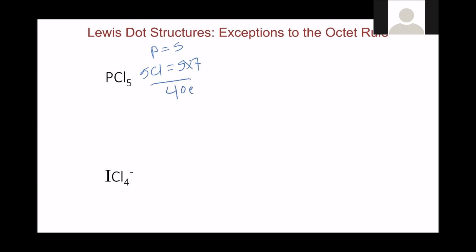So second step, put the least electronegative atom in the middle and surround it with other atoms using at least a single bond to bond them together. With that, you can clearly see that phosphorus is forced, from the beginning, to have more than 8 electrons around it.